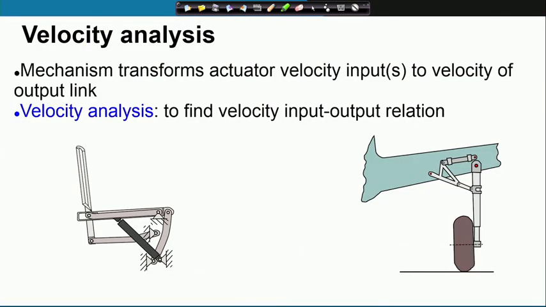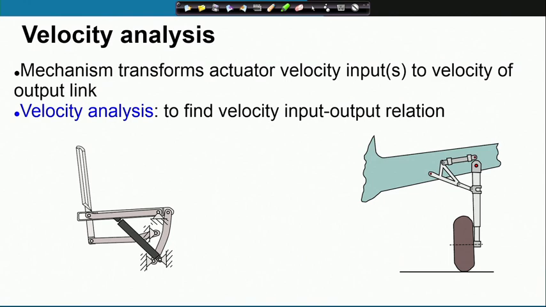We have already discussed velocity analysis, so let me just review. Mechanisms transform the actuator inputs, there can be multiple actuator inputs, velocity inputs, to the velocity of the output link.